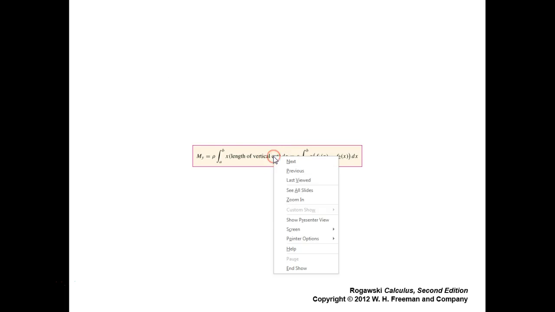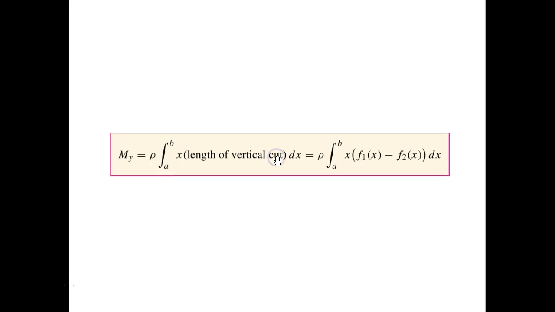If you have a more generic form, like this one, where you have two f of x's, then the form is like this. They have these so squirrely, the way they have them organized in the slide set. They're just awful. So this is a moment with respect to the y-axis.